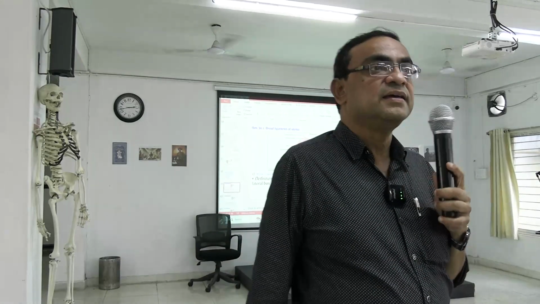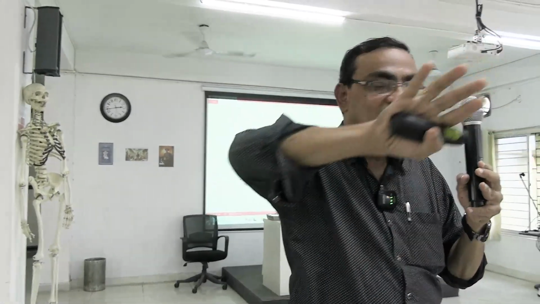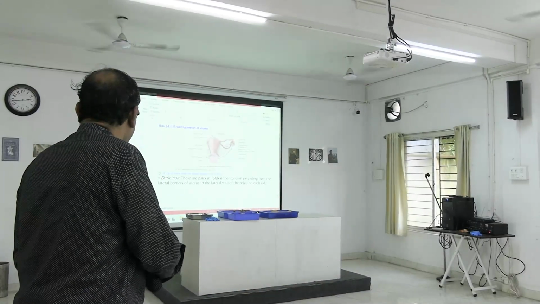Here we can see the peritoneal covering on either side of the uterus. It covers the uterus and is continued to the lateral pelvic wall. And this covering becomes a peritoneal ligament, the broad ligament.